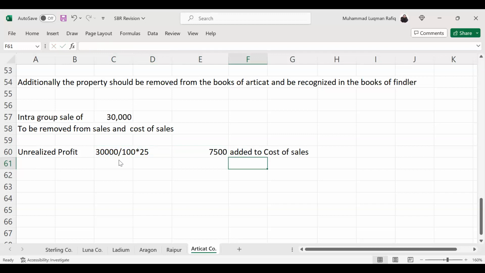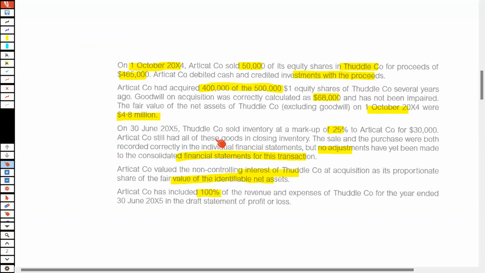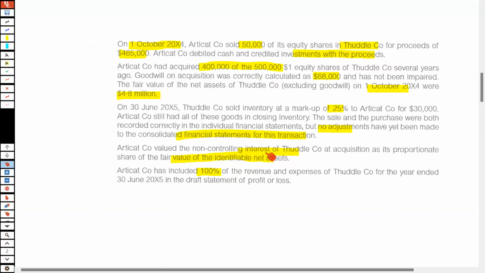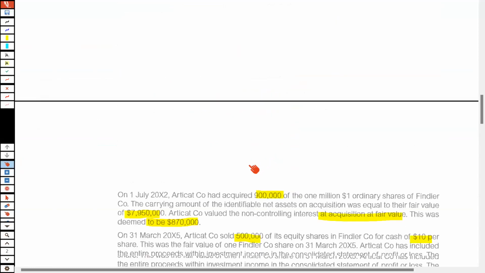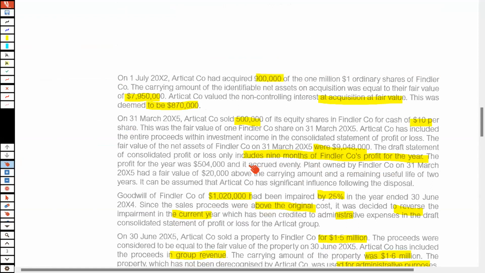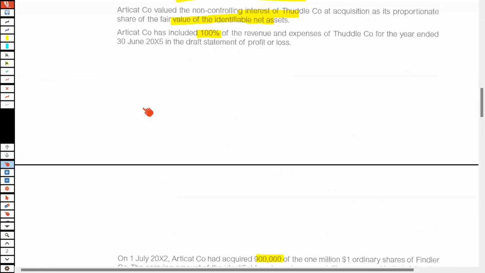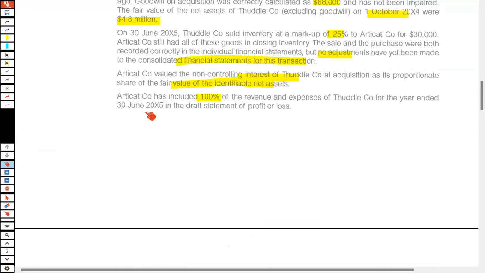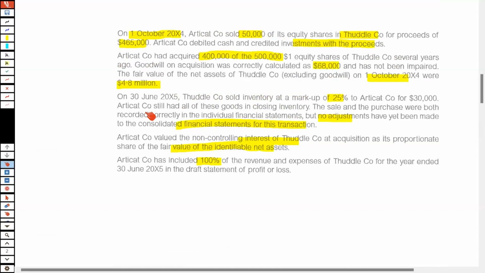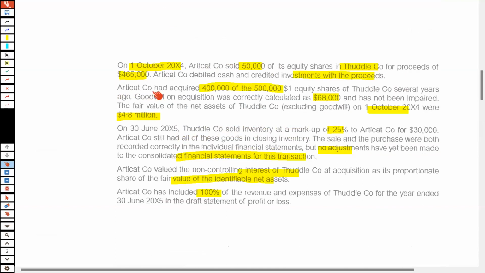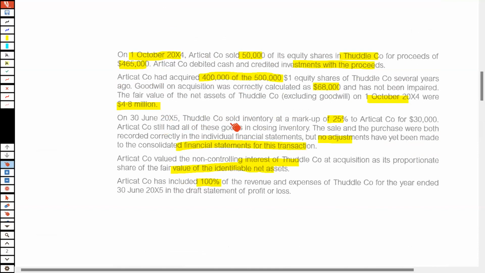Right? What else is there? First July 2002, right? 1st October 2002. 1st October 4, 30th June 5.